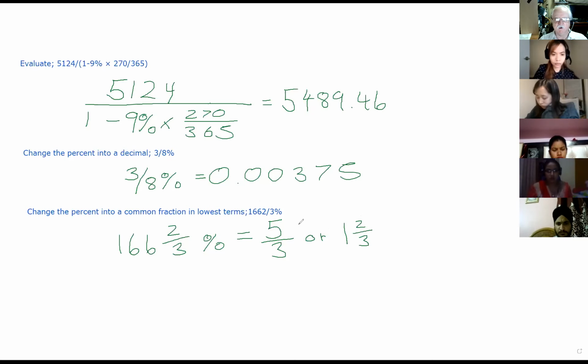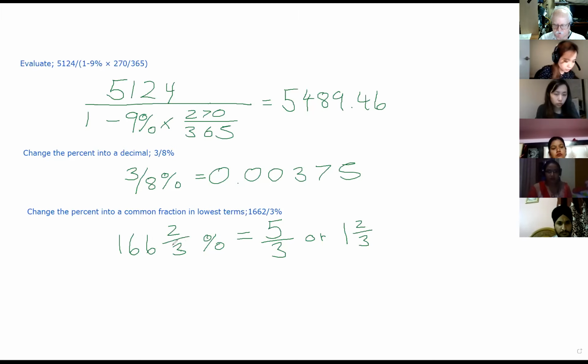So how did they go from this ridiculous number to 5/3? Let's go through the incredible, strange process that we'd have to do here. In order to change this into an improper fraction, we'd have to go 3 times 166.